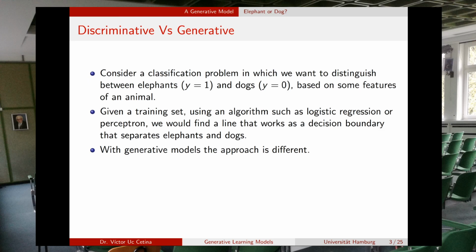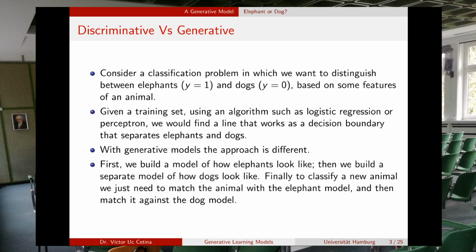With generative models, the approach is different. In generative models, we talk about probability distributions. So what we do is first we build a model. A model is a probability distribution of how elephants look like. Then we build another model, another probability function of how dogs look like.